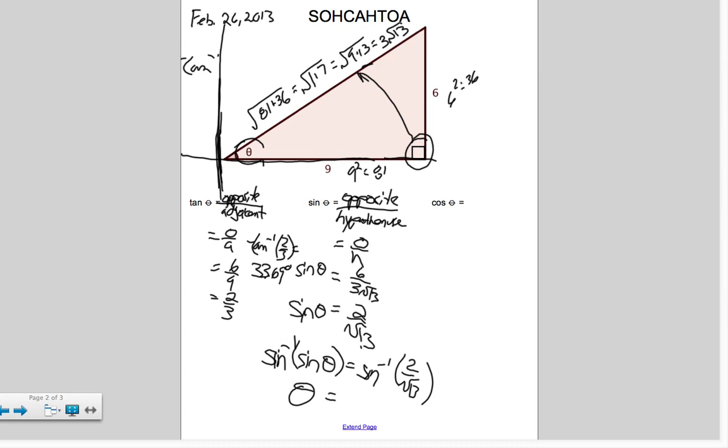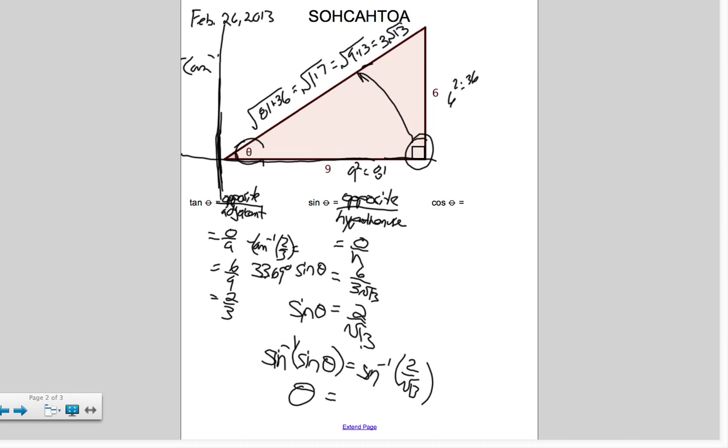Theta is still the angle. So now we're saying that the sine relationship of theta is opposite over hypotenuse. Can you just bear with me?